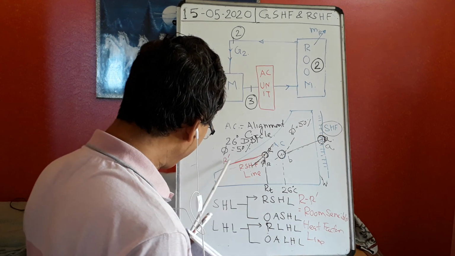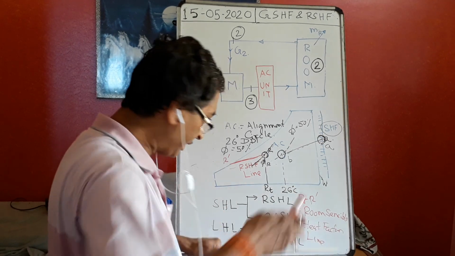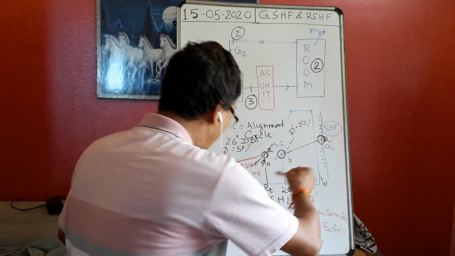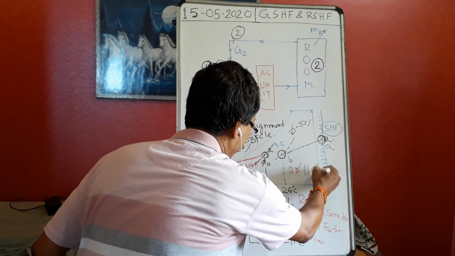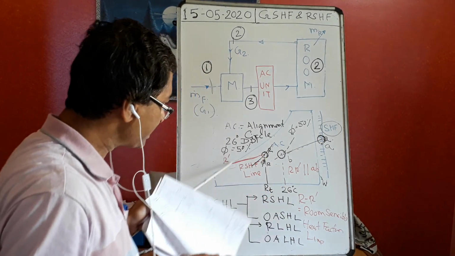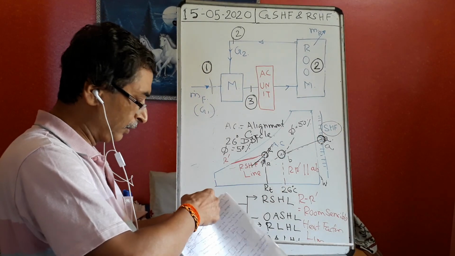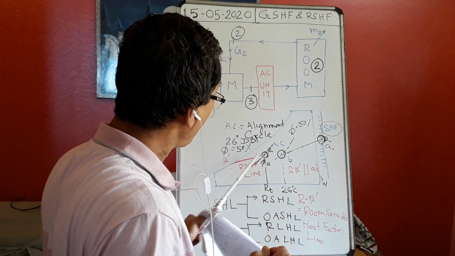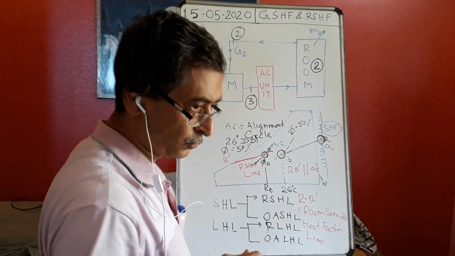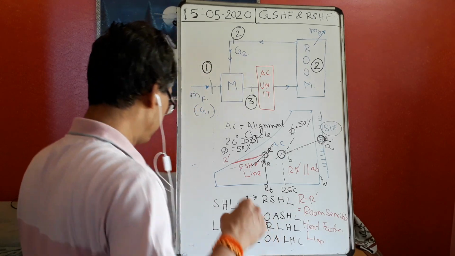Then I draw a parallel line to AB. That means RR dash is parallel to AB, and it is called the room sensible heat factor line. So this is the technique of drawing room sensible heat factor lines. Okay, so that we have learned. Then clear it.